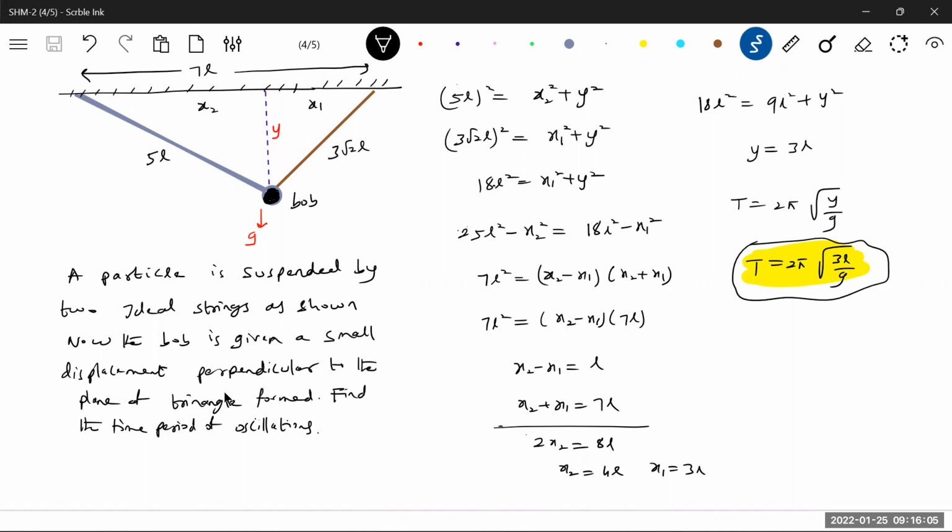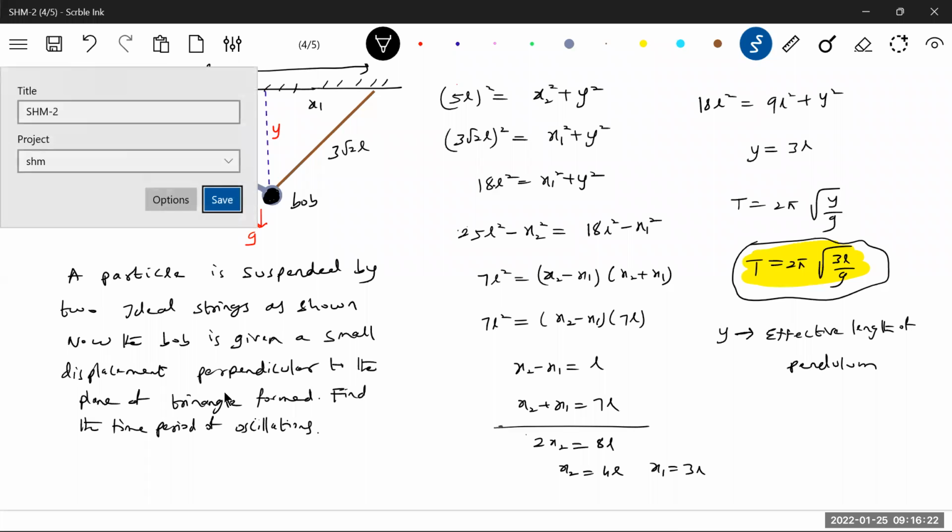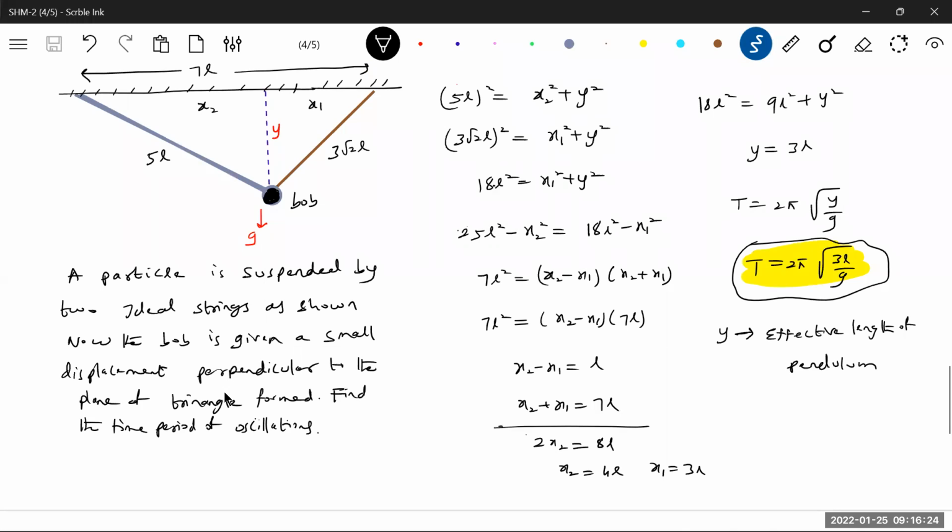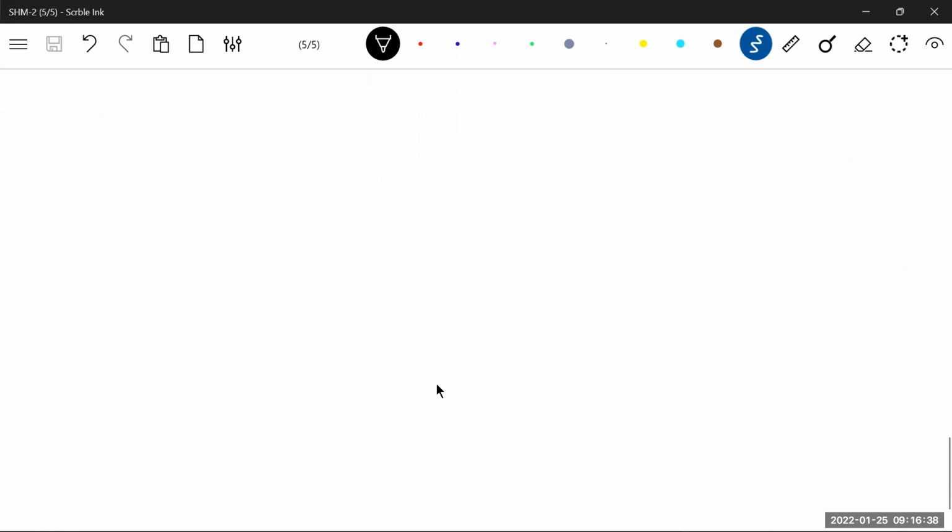So y will now become the effective length of the pendulum. Let me give another condition.